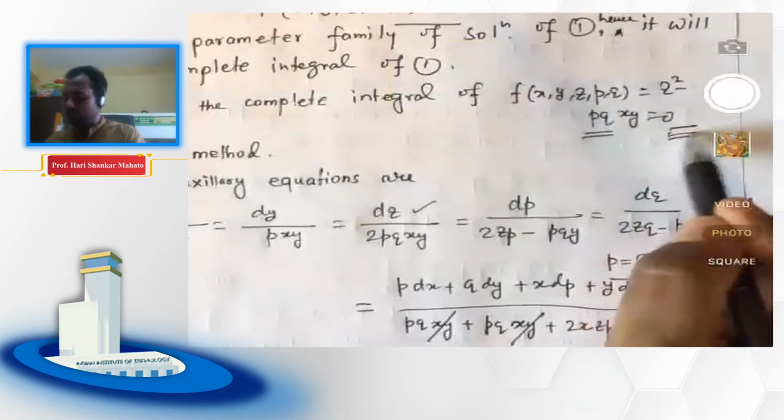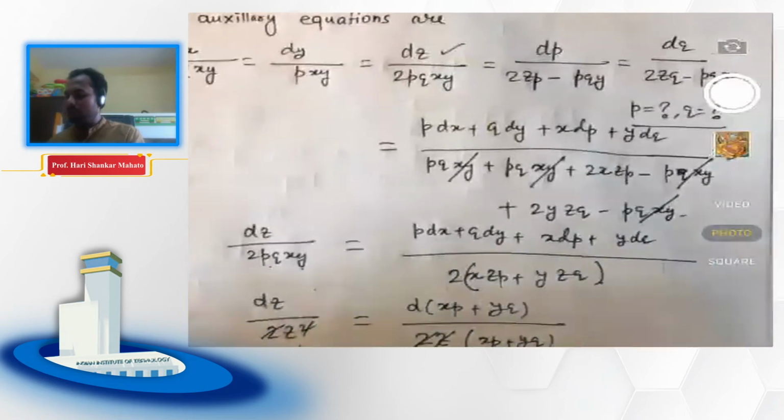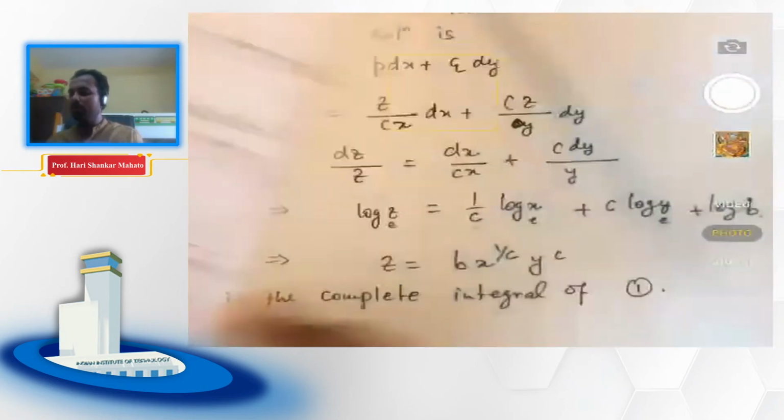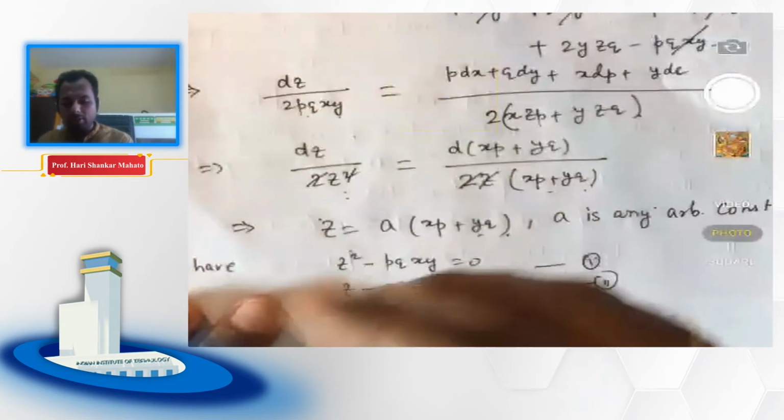So as you can see, we were able to solve the required PDE, which was equation number 1. Let me go back, which is the original PDE, this one. By solving for, first of all, we formulated the one parameter family of solution, and then we solved for p and q. We really don't have to mention the one parameter family of solution. We can just start solving it.